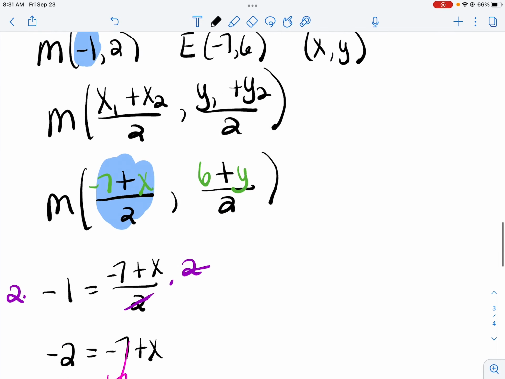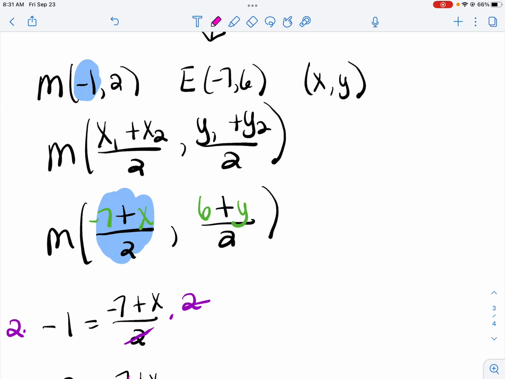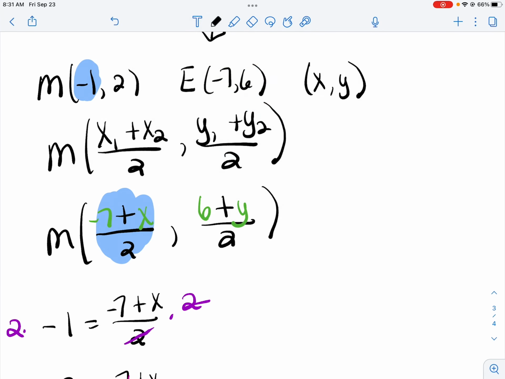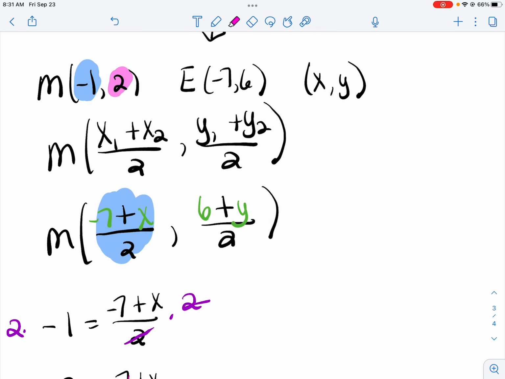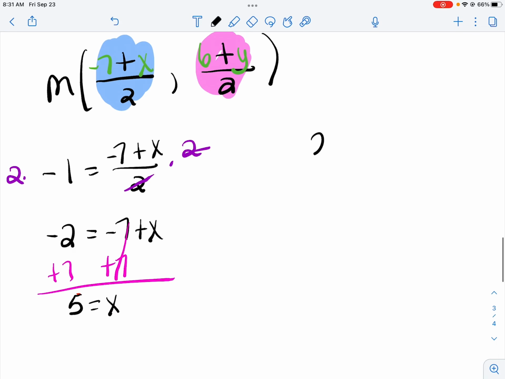The same type thing happens with my y's. And so since my y-coordinate is 2, this formula for the y also has to equal 2. And so I come down here and I say 2 equals 6 plus y over 2.